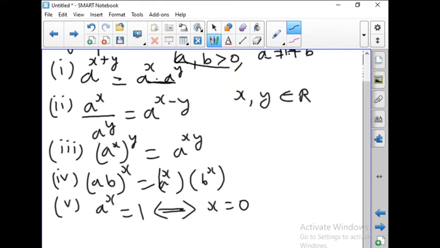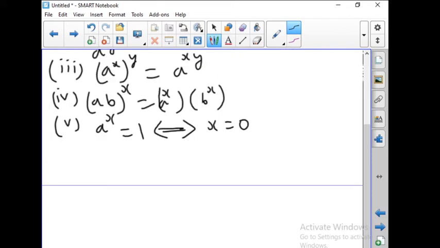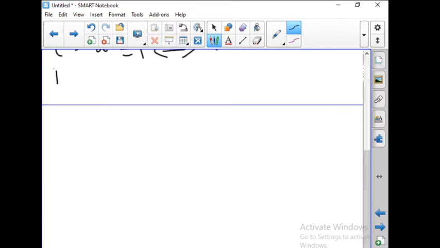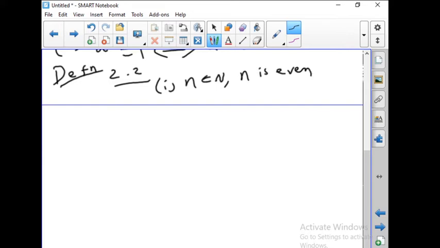Then coming to definition 2.2. The first one: for n belongs to N, where capital N represents the set of natural numbers, and n is even and b greater than 0, then there is a unique a.